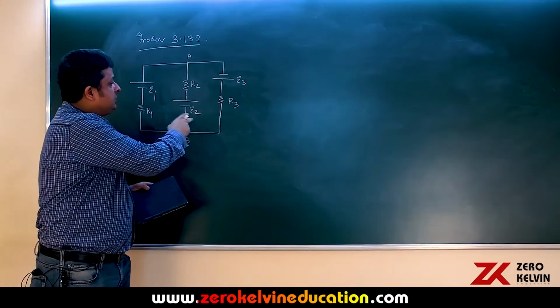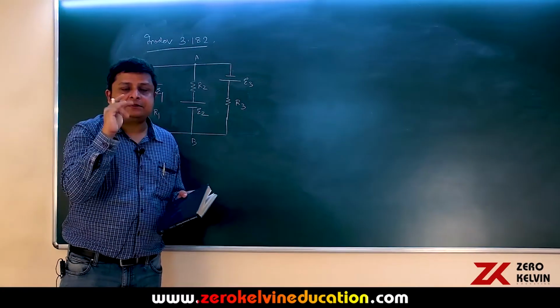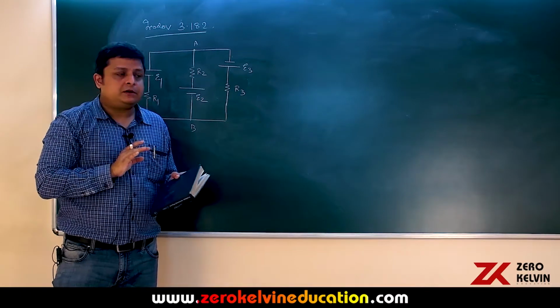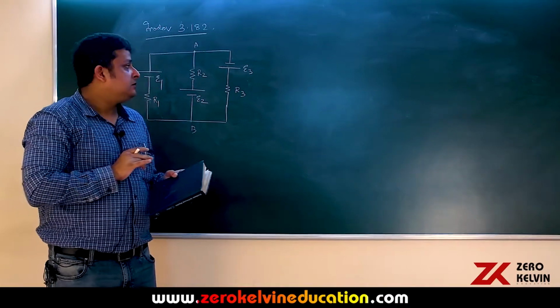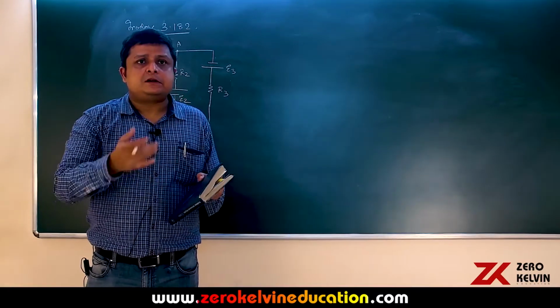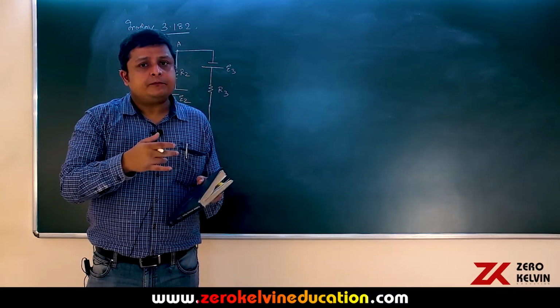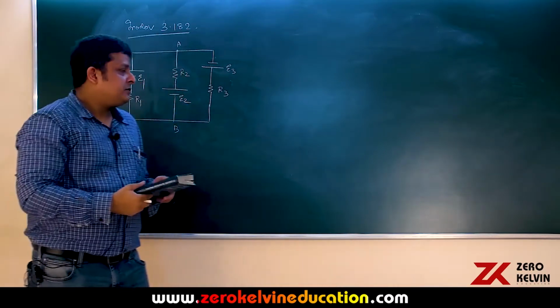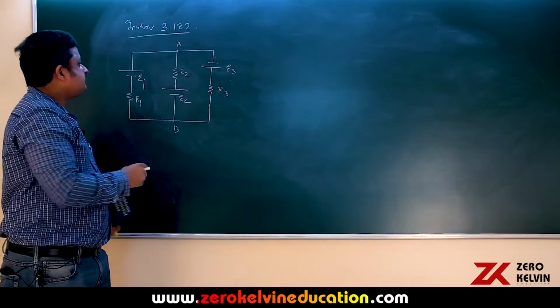These are three branches, so there will be three currents, I1, I2, I3. One will be the equation of junction law, I1 plus I2 plus I3 is equal to 0, and the other two equations will be from voltage law in the two loops. So we can totally avoid this.